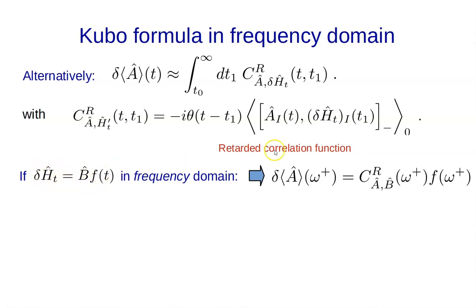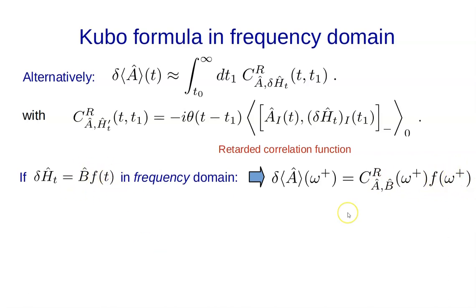So if I do that in the frequency domain, when I take the Fourier transform, the result would be a correlation function between operators A and B, the retarded correlation function, times the Fourier transform of this function. Okay?